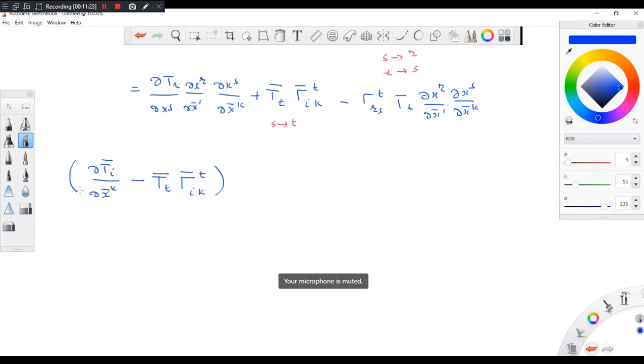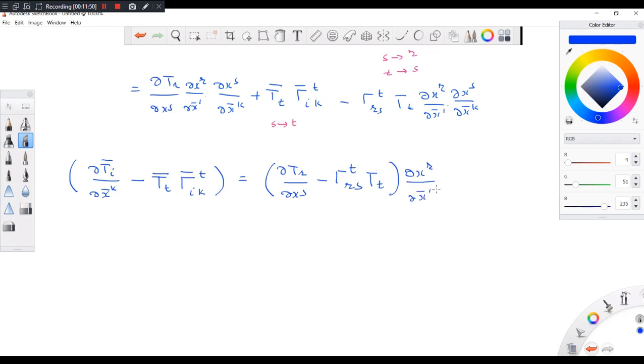So this much I take to the left side. Then this is common. So what is on the right side? It will be del t_r by del x^s minus gamma^t_rs t_t. Okay, so this into del x^r by del x bar i, del x^s by del x bar k.